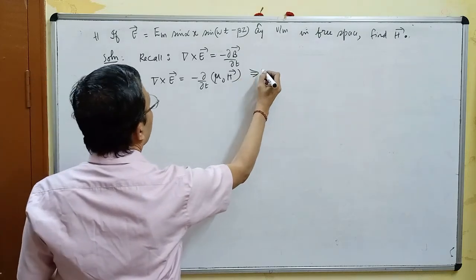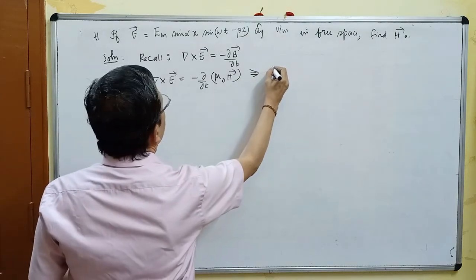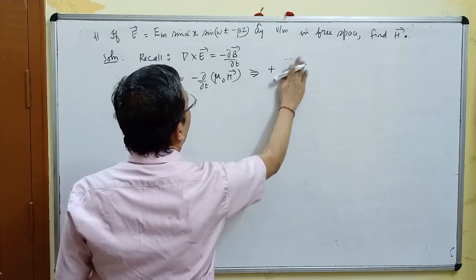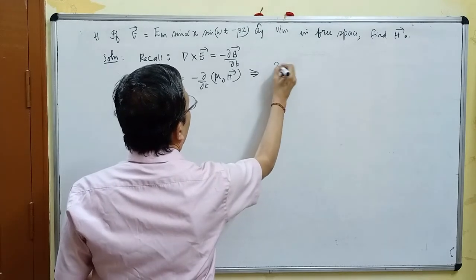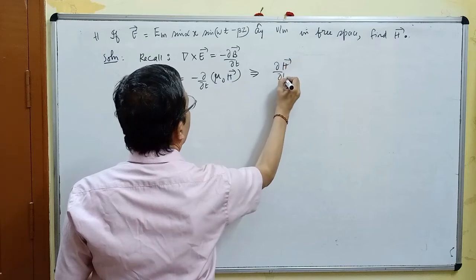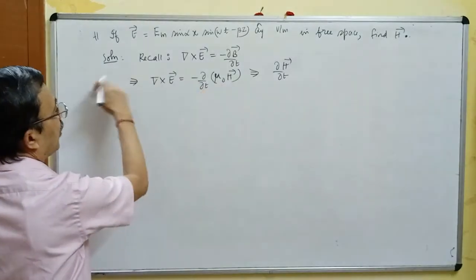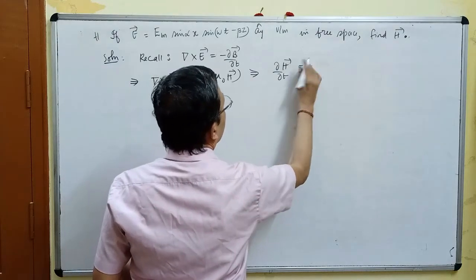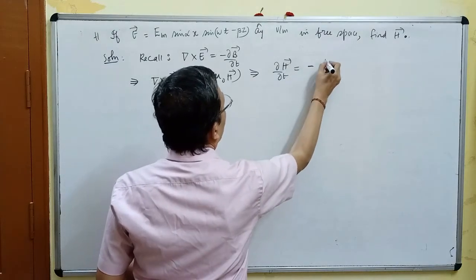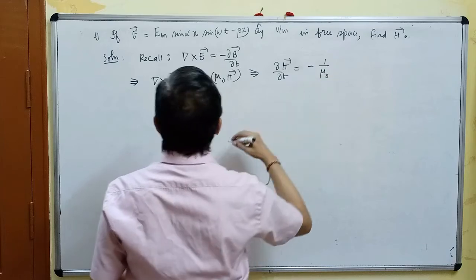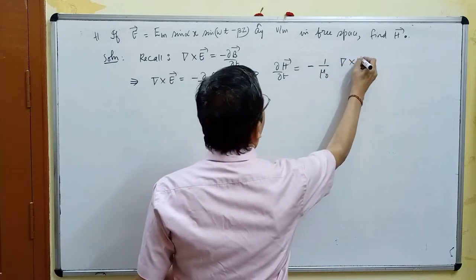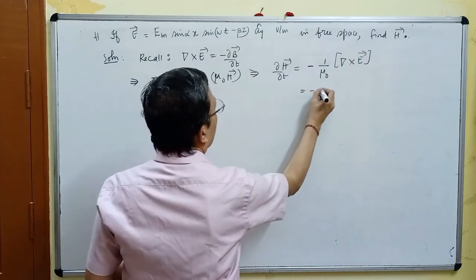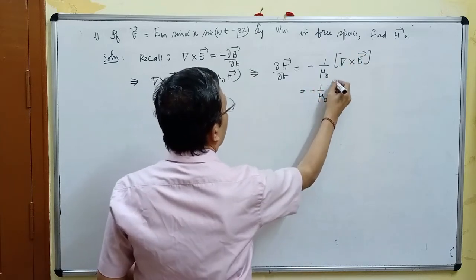This implies del cross E is equal to minus mu naught dou vector H by dou t. This minus sign and mu naught I transfer to the left side, so dou vector H by dou t equals minus 1 over mu naught into del cross E. In Cartesian coordinate system, what is del cross E?